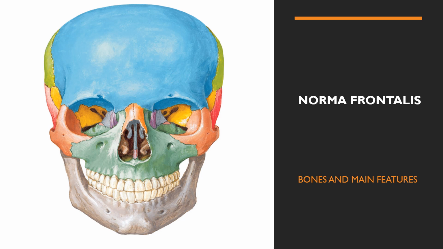Also, the maxilla forms, as I said, the sockets of the maxillary teeth, which are found here, deep. And then we have the nasal opening. This is the nasal opening, which is also made by the maxilla bone and bridged by the nasal bones. We have also the orbital cavity.